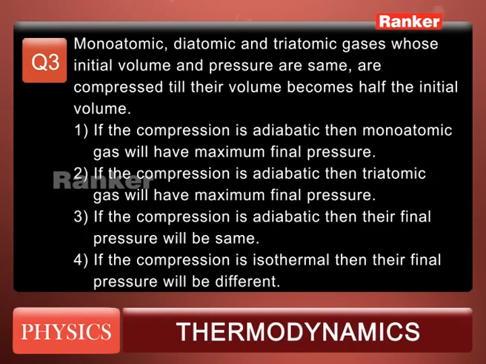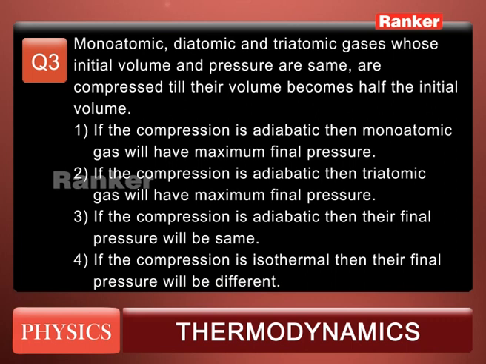Question number 3. Monatomic, diatomic and triatomic gases whose initial volume and pressure are the same are compressed till their volume becomes half the initial volume. The first option: if the compression is adiabatic, then monatomic gas will have maximum final pressure.